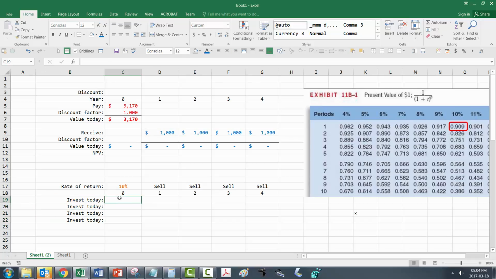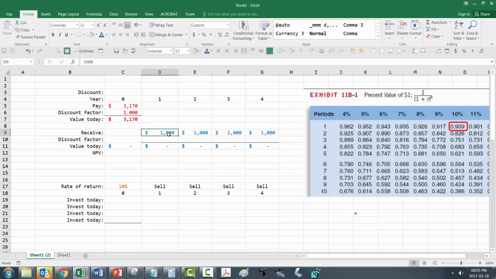Specifically, if I expected this $1,000 received 1 year in the future, if I expect to invest a certain amount today, have it grow to $1,000 and then cash out, what would that amount I need be today?